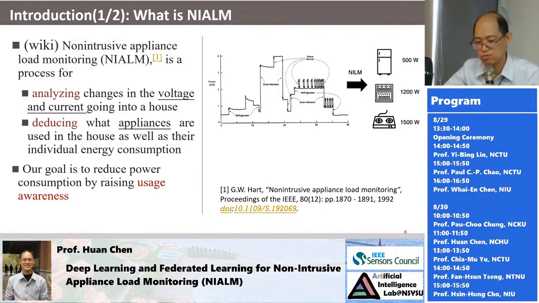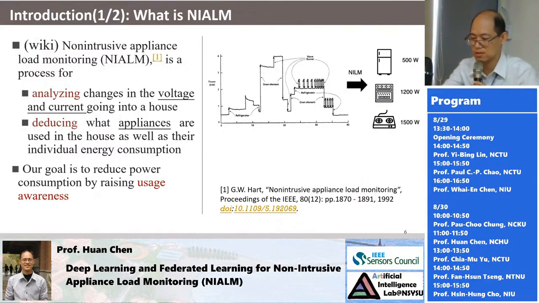Our goal is to reduce power by raising usage awareness. If you know the usage of your home, you will be aware and not want to waste a lot of power. This technique was usually promoted by a researcher called Hart in 1992, so everybody follows his definition.